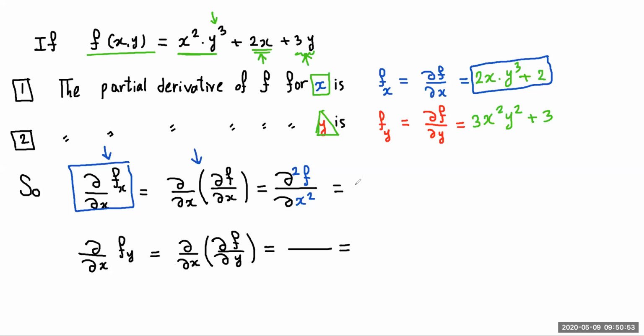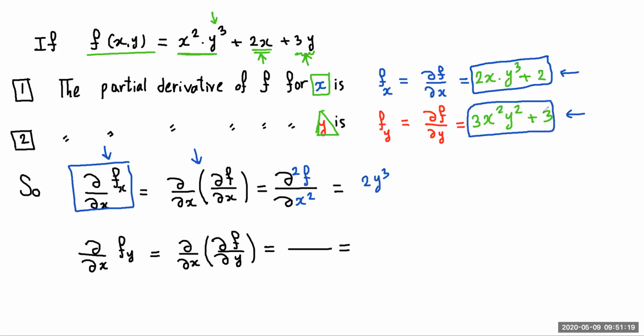So the answer is the derivative of this term with respect to x. So y is constant. So derivative of x times constant, it's 2y power 3. Derivative of 2 is 0. Also here we can calculate the partial derivative of this term now, fy, with respect to x.